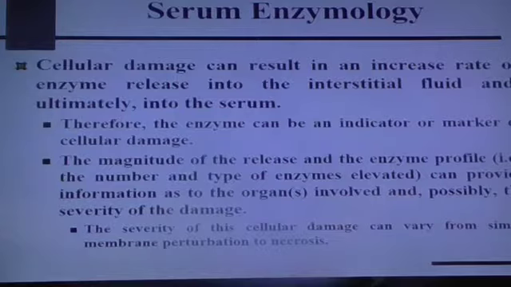Now, cellular damage can result in an increased rate of enzyme release into the interstitial fluid and ultimately into the serum, right? What goes into the interstitial fluid, is that usually picked up by the serum? Yes, and so you see, therefore, your enzyme can be a marker of cellular damage. And the magnitude of the release and the enzyme profile can give you information as to the organs that are involved and possibly how severe it is.